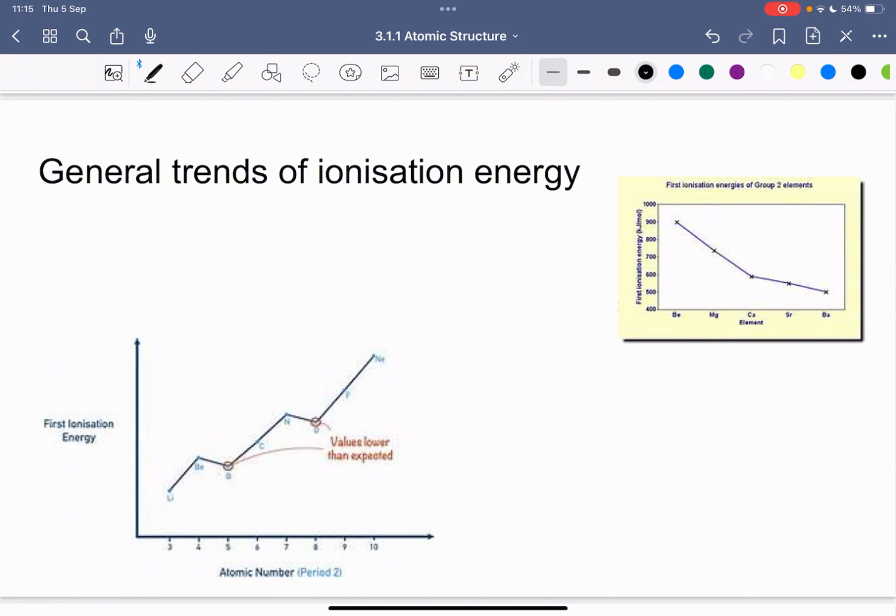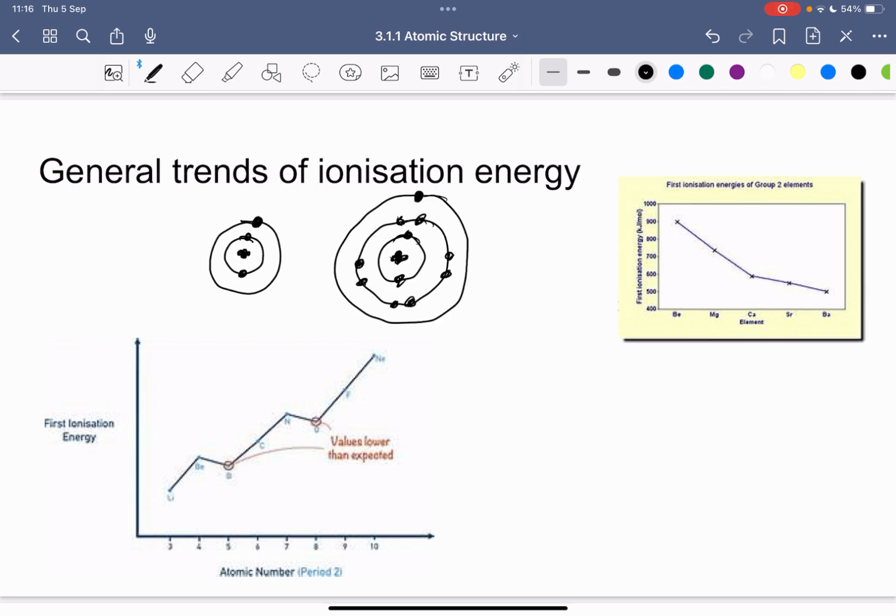If I'm just going to draw this, this one here is in period 2, and this one here is in period 3. So we've gone down the group, and as we've gone down the group, we've added another shell.